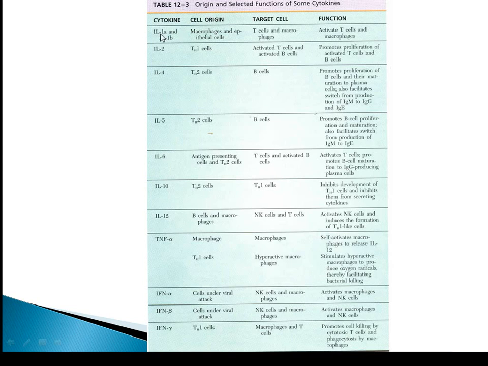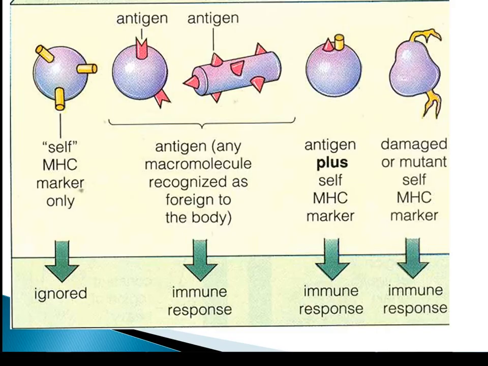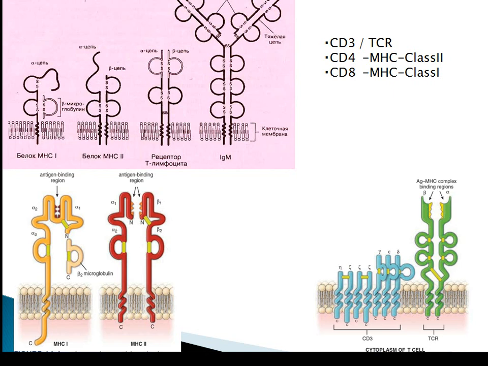Here we can see different cytokines and their cell origin, their target cells, and their function. Due to these cytokines, our immune cells interact with each other. Some of them produce these cytokines, and others have receptors for them. In that way, our immune system operates. We have to know that these immune cells interact with each other because of the presence of specific molecules on their surface.